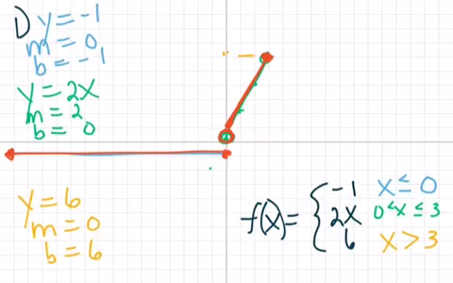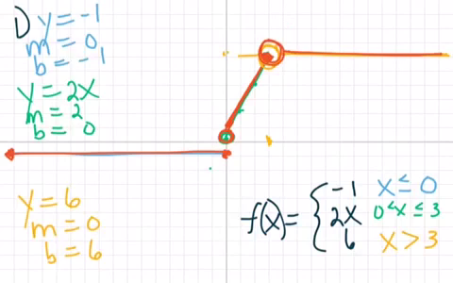And then we would have a horizontal line. But it says where x is greater than 3. So 1, 2, 3. Here's 3 on the x. So I want an open circle because the 3 is not included. And then we're going to shade to the right. So let's put our final answer in red.